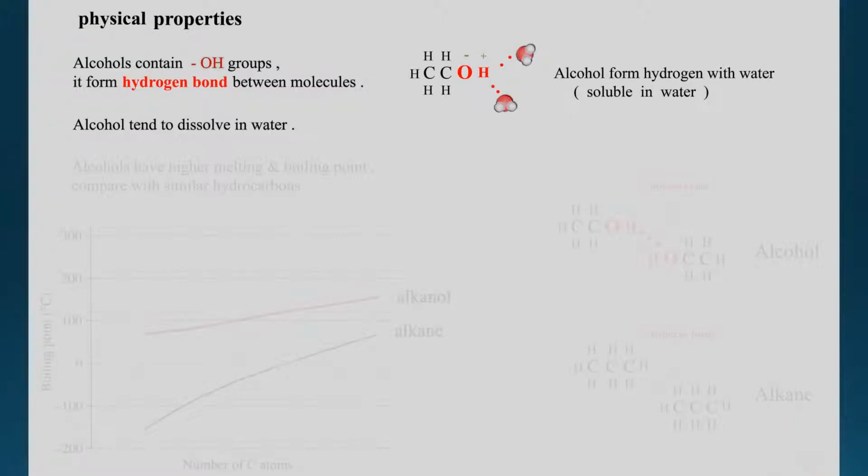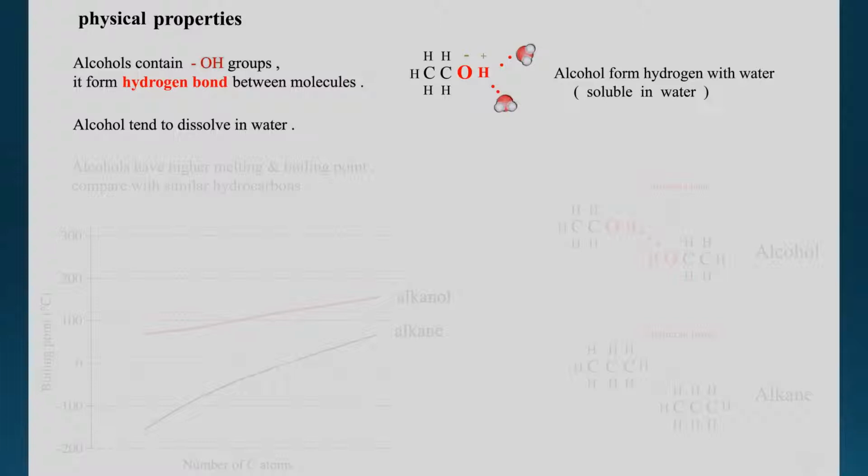Now let's look at the physical properties of alcohols. This alcohol contains an OH group, and this OH group makes a big difference because it forms hydrogen bonds between molecules. Alcohol tends to dissolve in water, which contrasts with the earlier ethene and ethane that we learned.